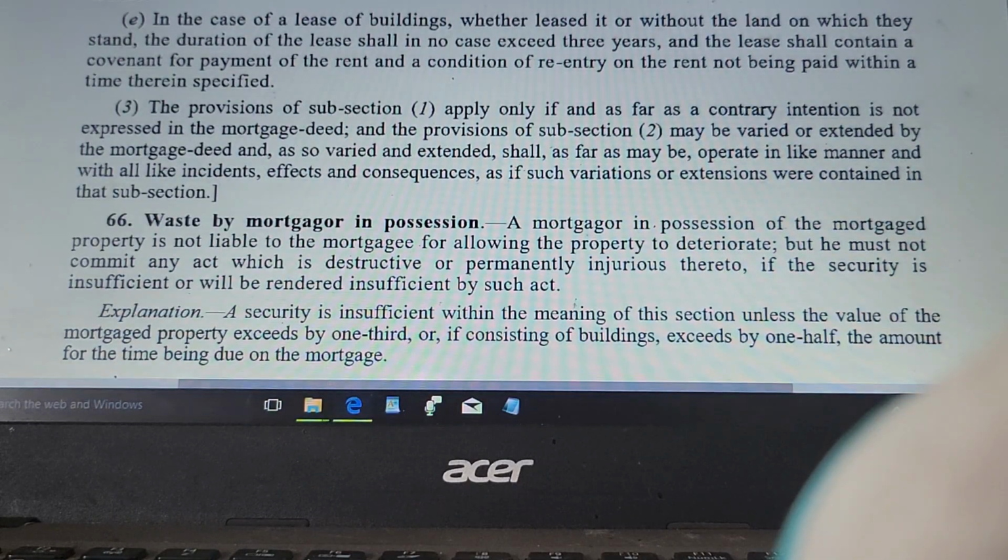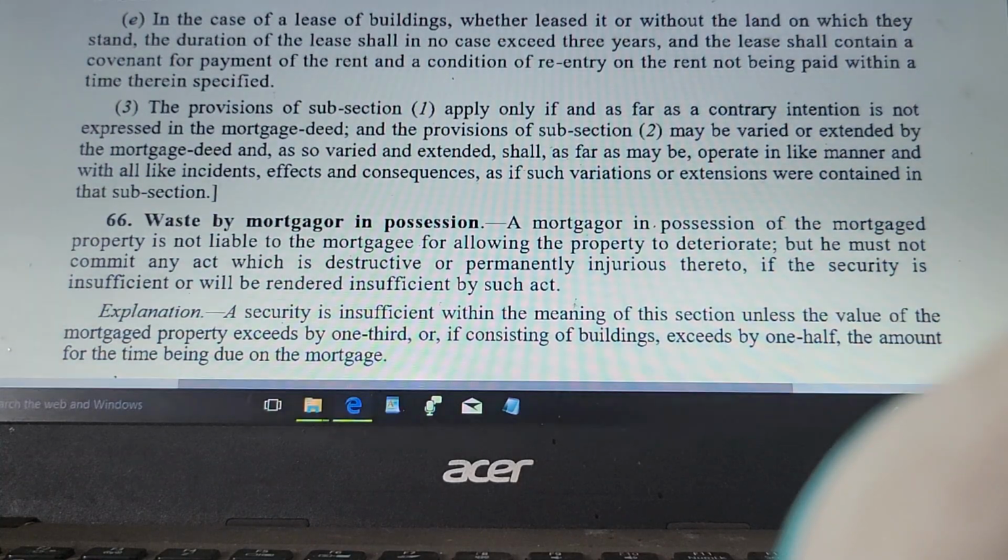The provisions of subsection 1 apply only if and as far as a contrary intention is not expressed in the mortgage deed, and the provisions of subsection 2 may be varied or extended by the mortgage deed, and as so varied and extended shall, as far as may be, operate in like manner and with all like incidents, effects, and consequences, as if such variations and extensions were contained in that subsection.